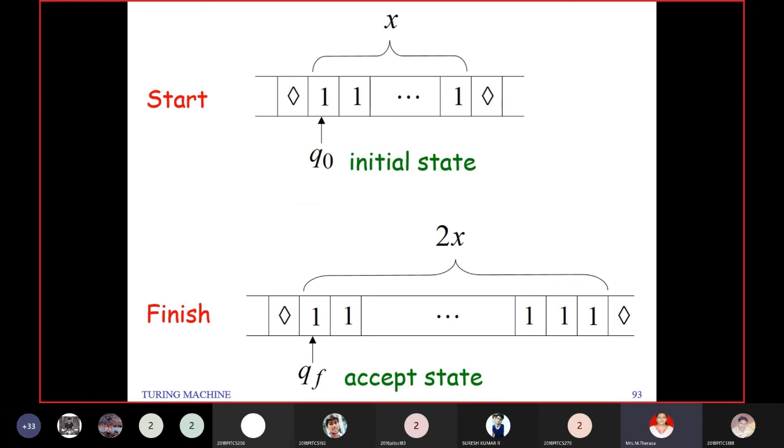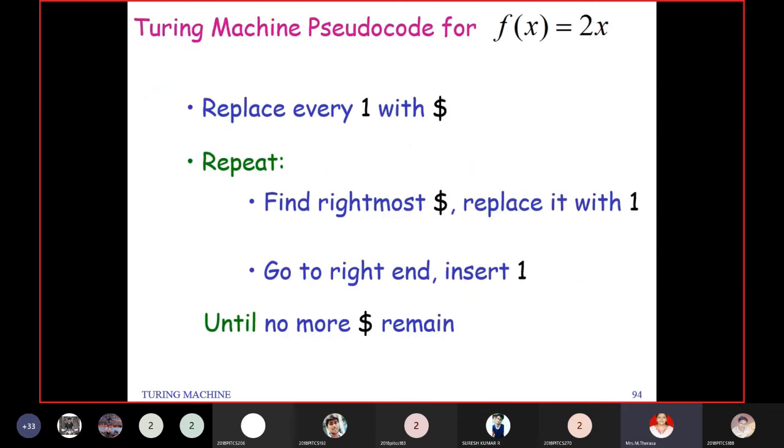So how can you start? You start the initial configuration with the number of ones mentioned in x. But at the final state, you are supposed to get 2 times x. And this is the algorithm you can use.